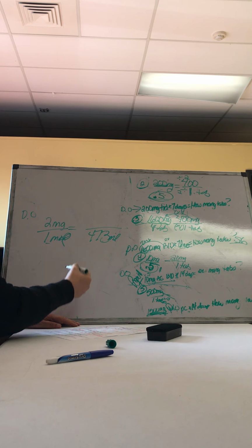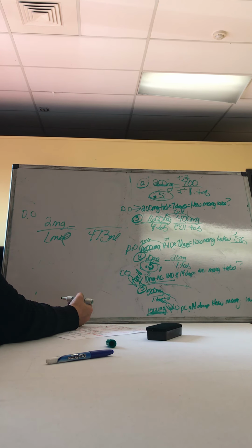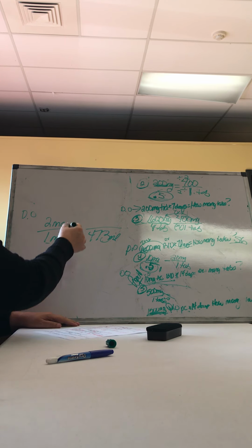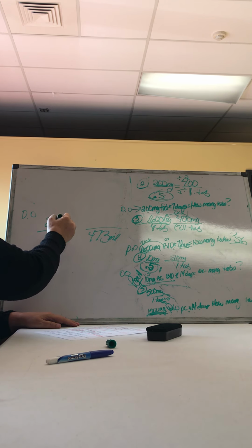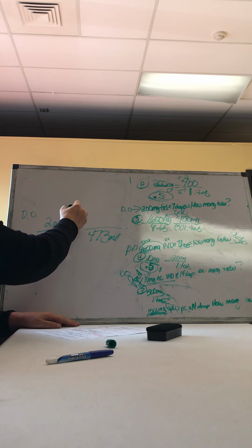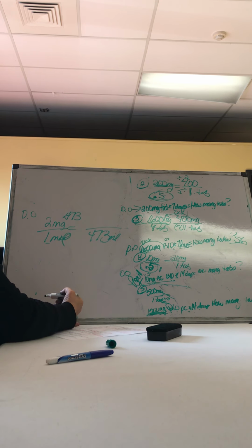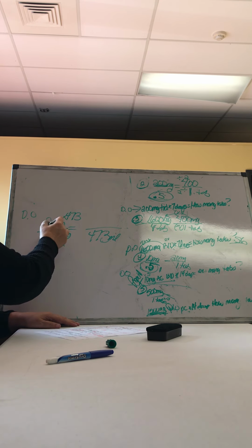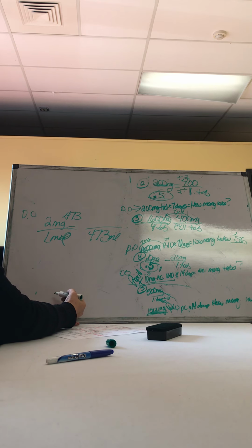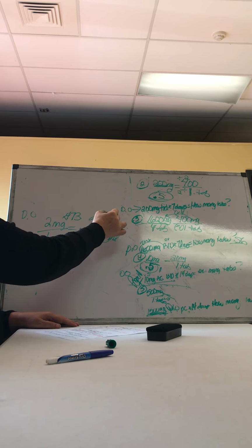I'll go from 1 to 473. So what would I put up here? Times 473. Yes, you got it. So, 2 times 473 is what? 946. 946 milligrams.